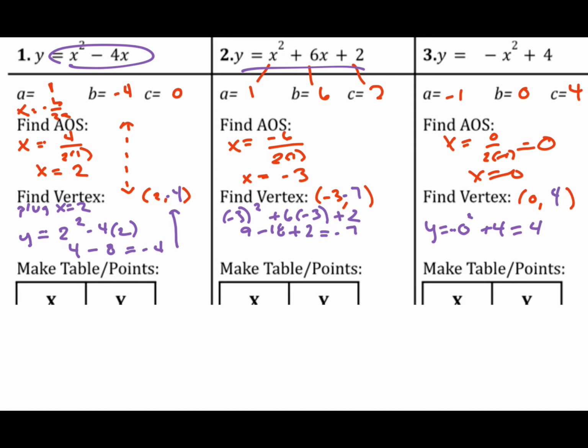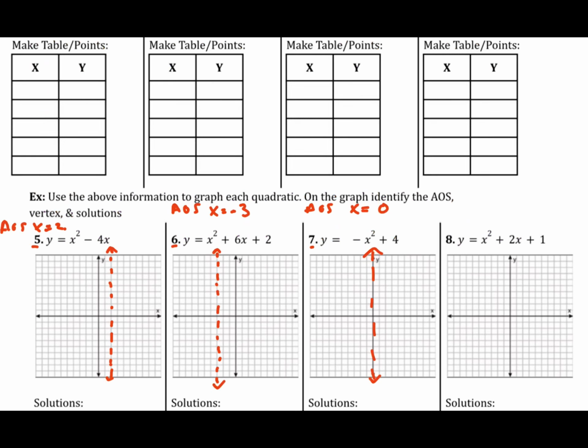So now that we found our axis of symmetry and our vertex, we're going to go back to our graph and plot those vertex points on each of our graphs. And those vertex points should be on the dotted line that we already created. So we just said that the vertex was 2, negative 4 here. So I'm going to go down to negative 4 and put my vertex here as best as I can.